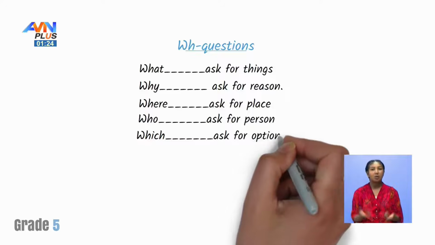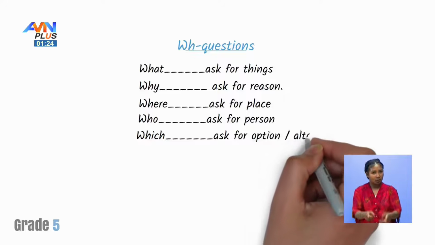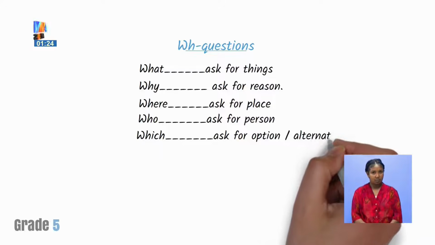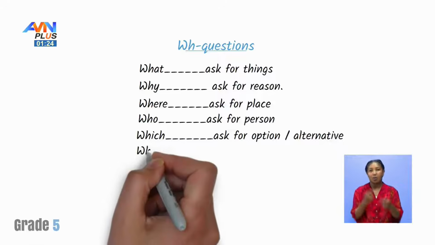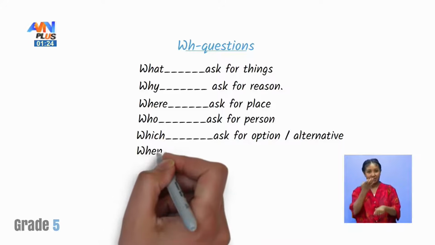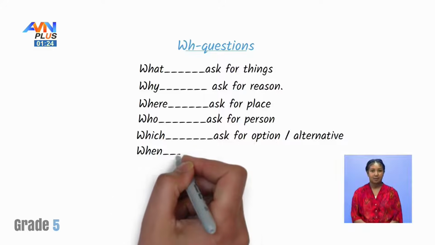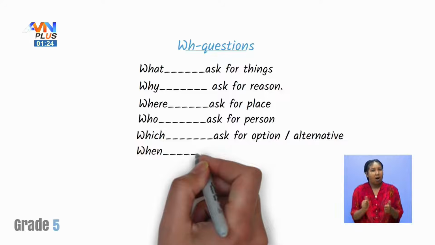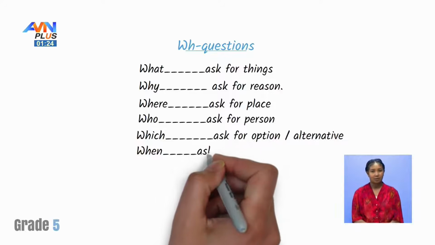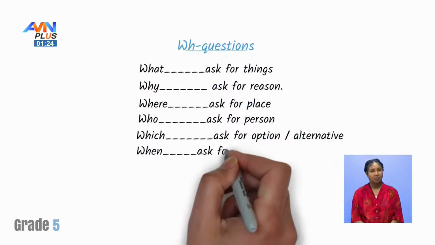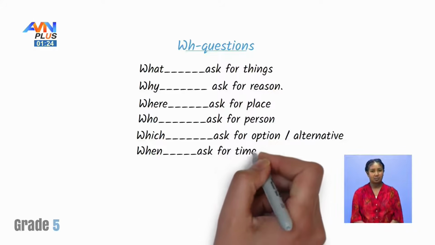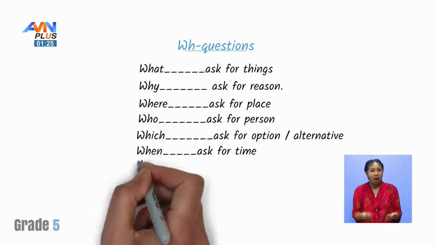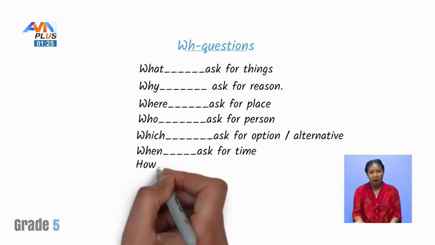When we use when, we ask for information about time. Another one is how. It asks for manner, or the way, or the method, or the techniques that we use.